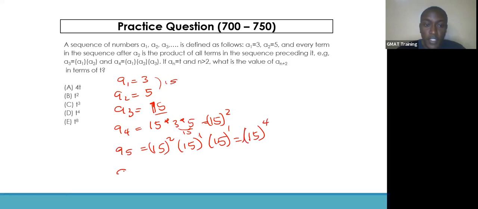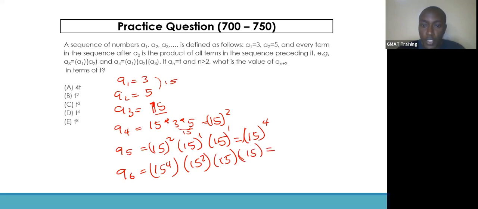That's A5. A6 equals 15 to the power of 4 times 15 to the power of 2 times 15 times the other 15. This is 1, this is 1, this is 2, 3, 4, 8.